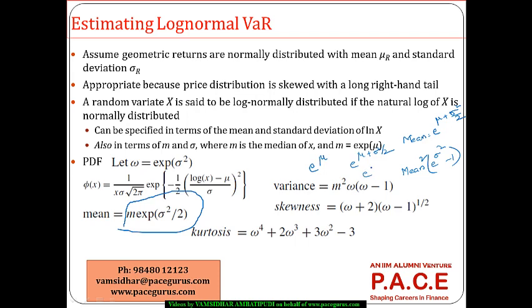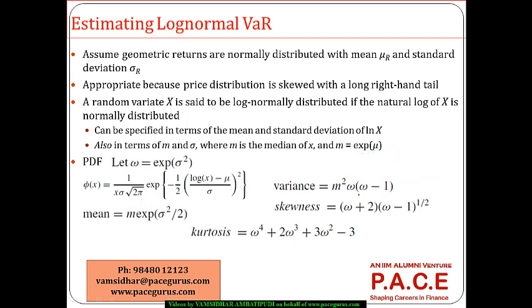So I could very well write it as e to the power of mu into e to the power of sigma squared by 2. E to the power of mu is nothing but m, the median, and m into e to the power of sigma squared by 2 is the mean. So mean is nothing but median times e to the power of sigma squared by 2.